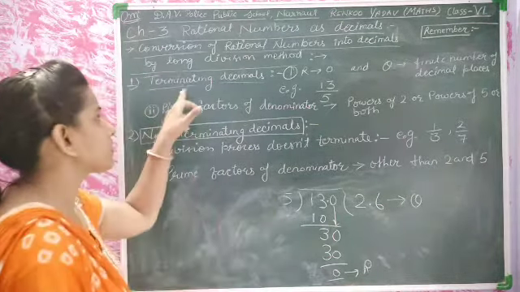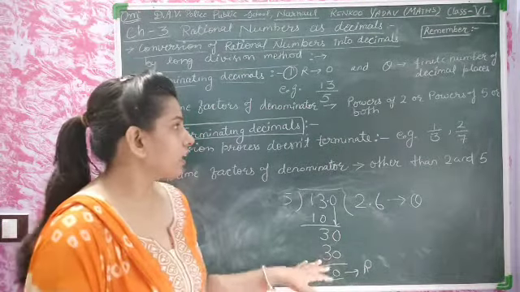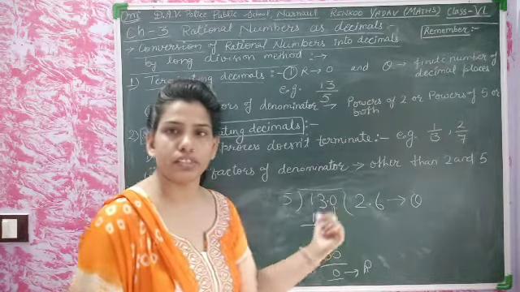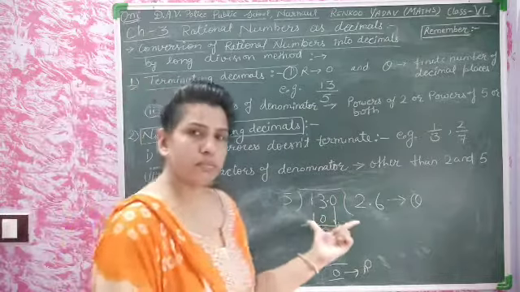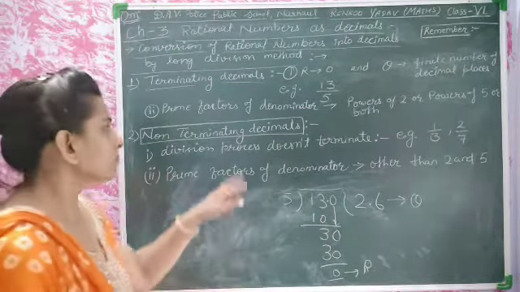It means this is a terminating decimal. Is this clear, students? I will give you more examples that are not terminating, then you can understand it easily, that some numbers are terminating and some numbers are non-terminating decimal numbers.